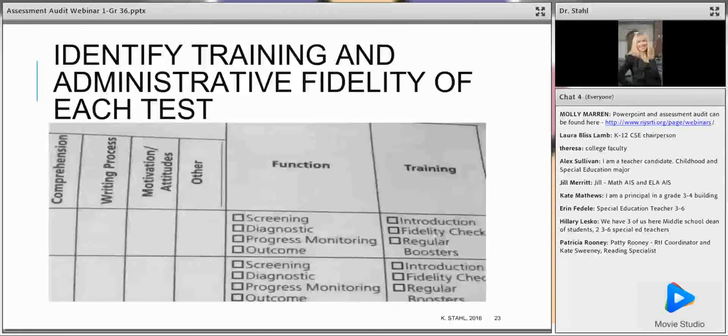So the introduction or initial training. My new form that you've downloaded, which is much better, says initial training. By initial training, that means that when you invest in a kit, something like the Fountas and Pinnell Benchmark Kit, which a lot of schools use, or let's say FastBridge, or let's say Dibels, you have made an investment in one of these companies.